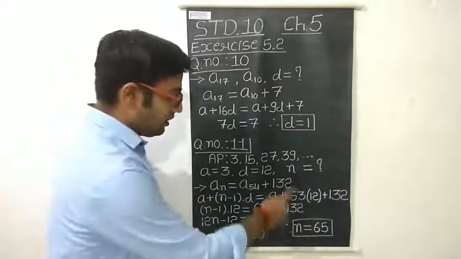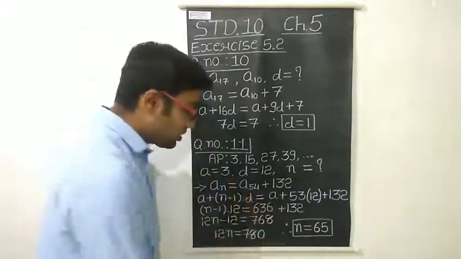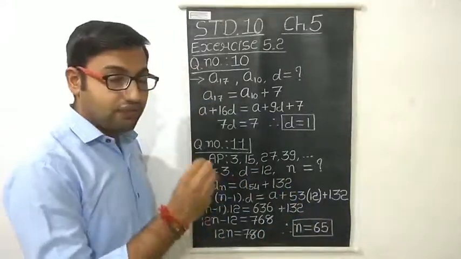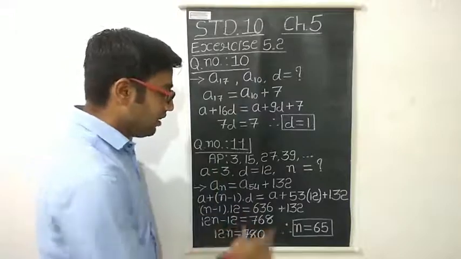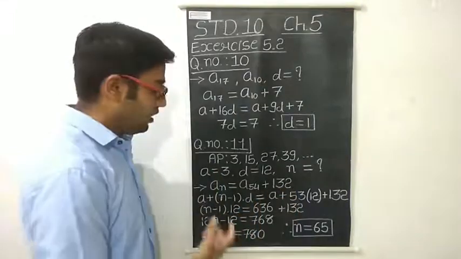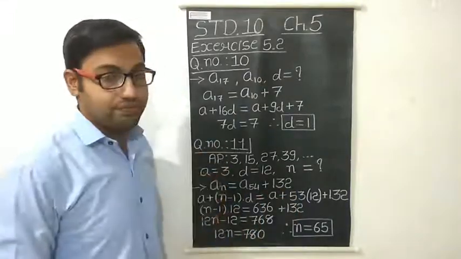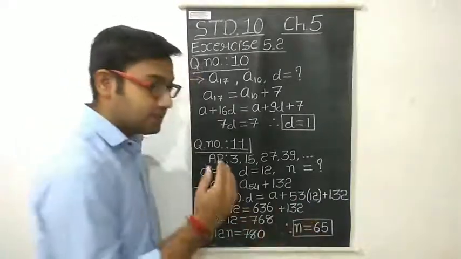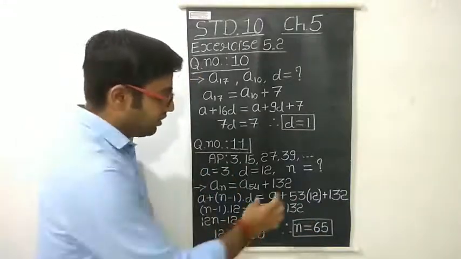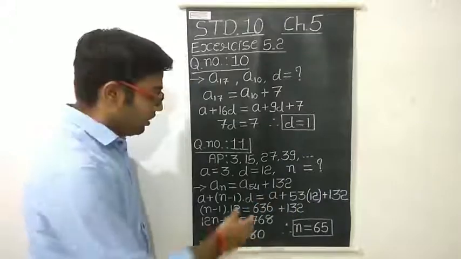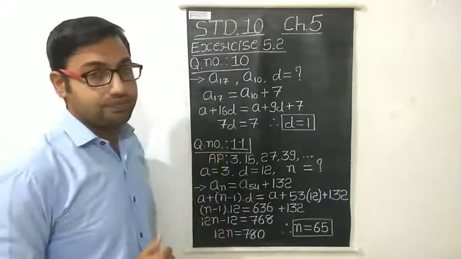And what is that? That is the term number. So this 65th term is 132 more than the 54th term. Right? The value of the 65th term is 132 more than the 54th term.